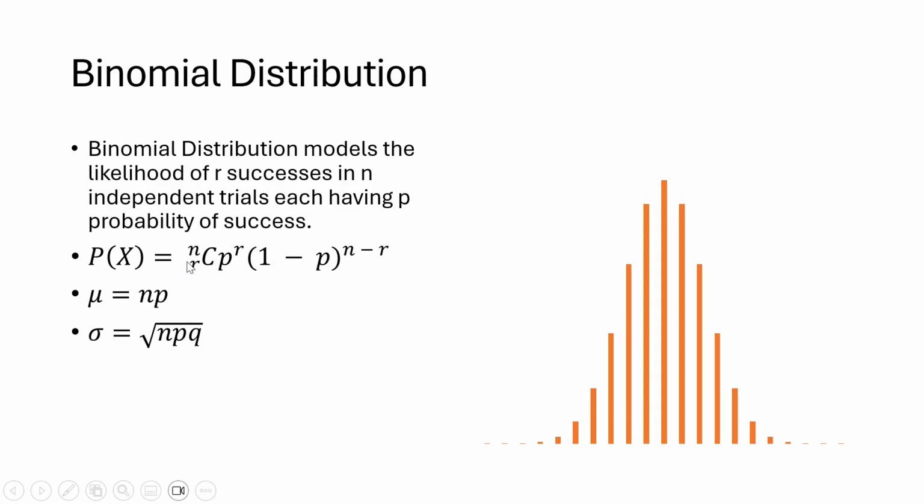Now let's talk about the continuous distribution. Uniform distribution is one of the simplest continuous variable distributions, which models the experiment where each outcome in a range has an equal chance of occurring.